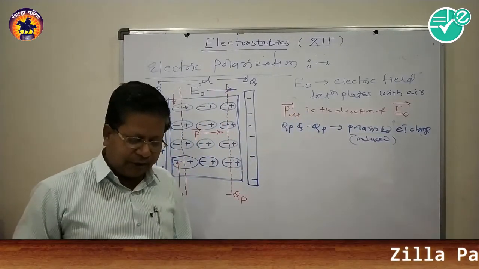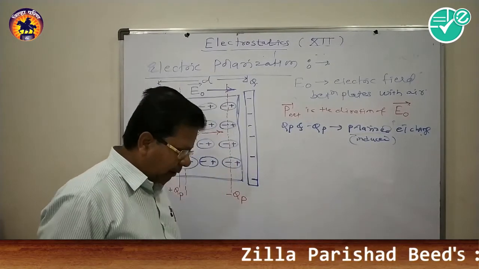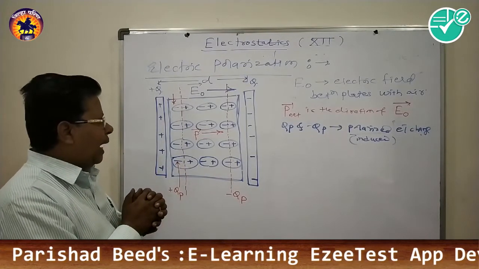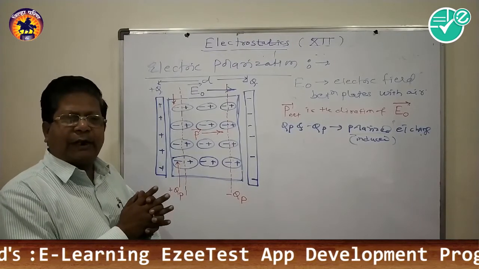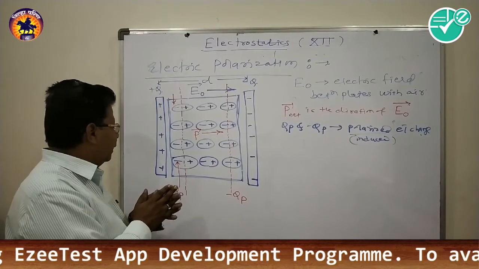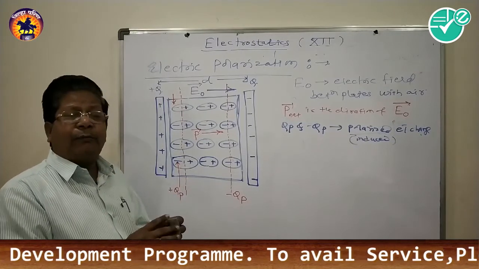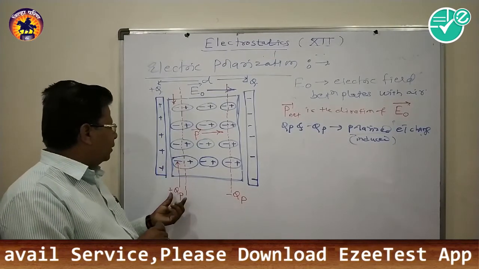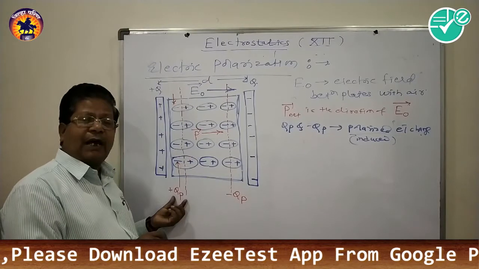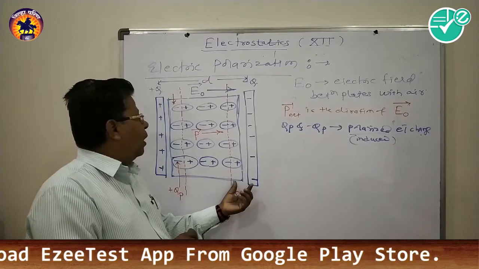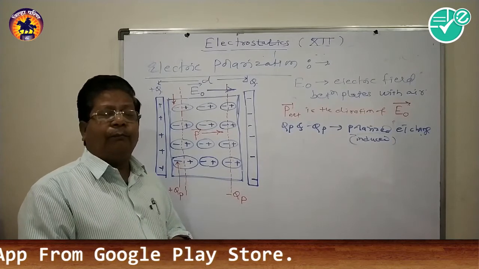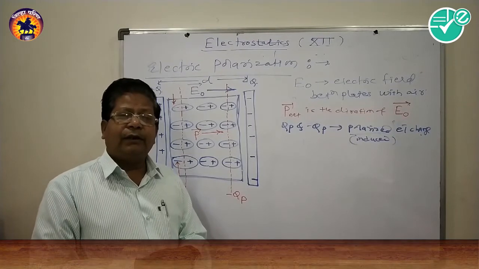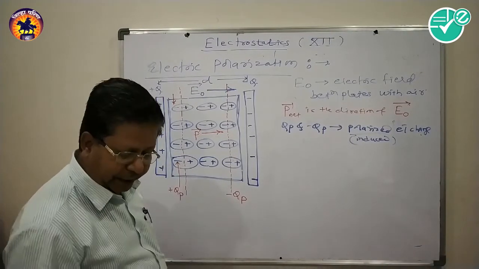That means electric polarization takes place inside the dielectric, and when electric polarization takes place, then near the positive plate, net polarized charges remain, and on the right of the dielectric, near the negative plate, net positive charges are present.